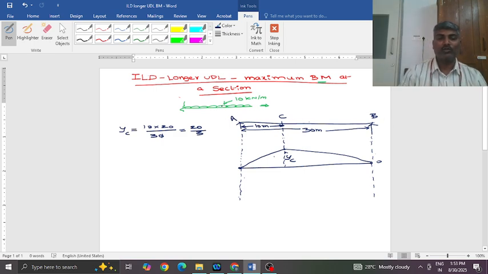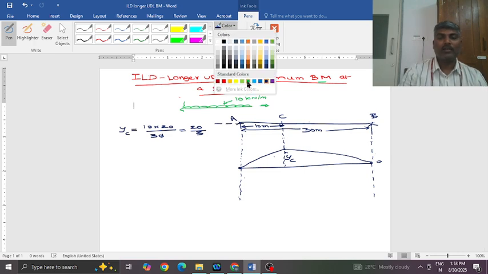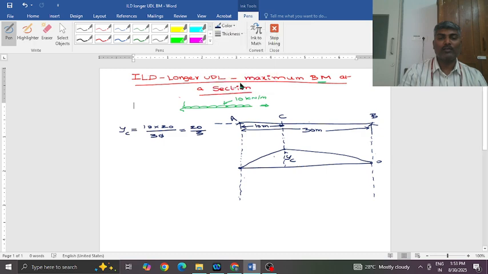As this UDL is longer than the span, it can occupy the total span of the beam, so I'll draw that. Now the UDL is occupying the total span of the beam, 10 kilonewton per meter.